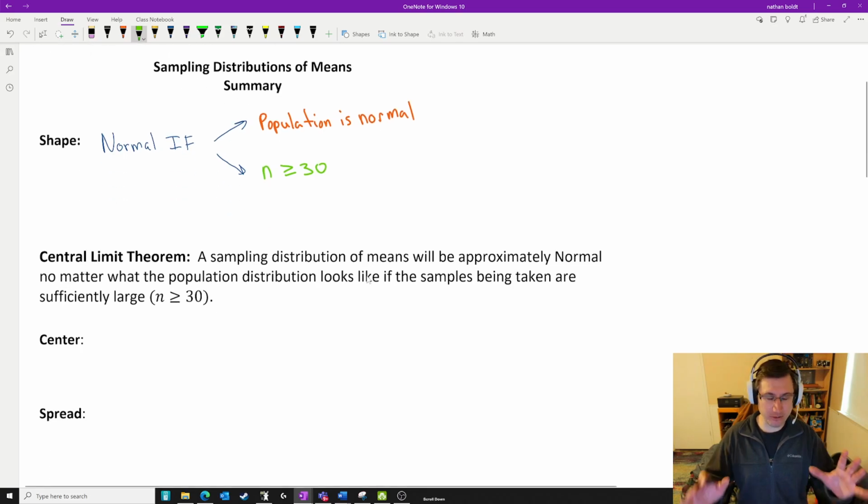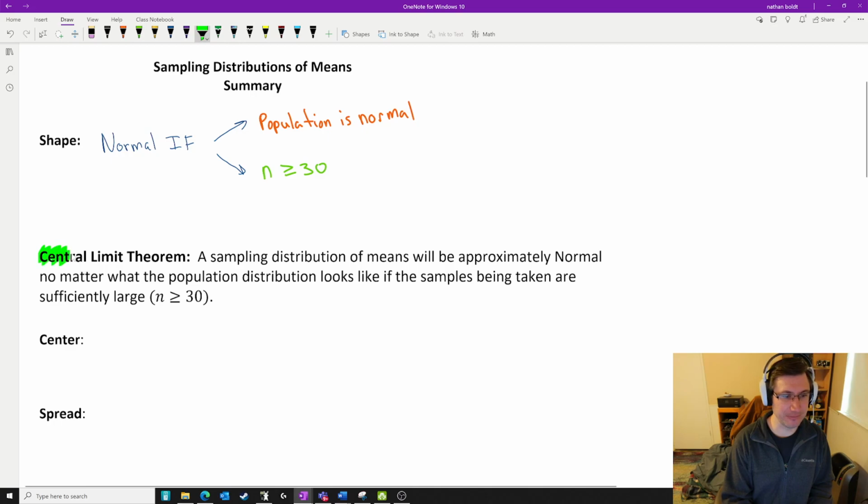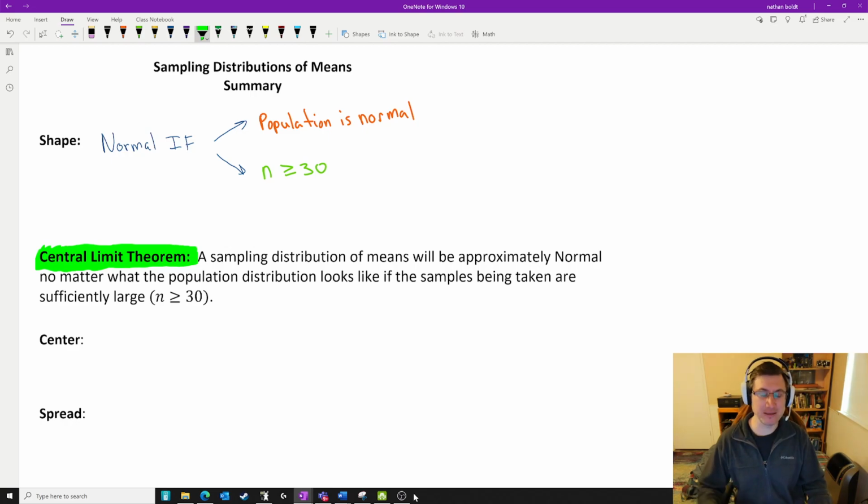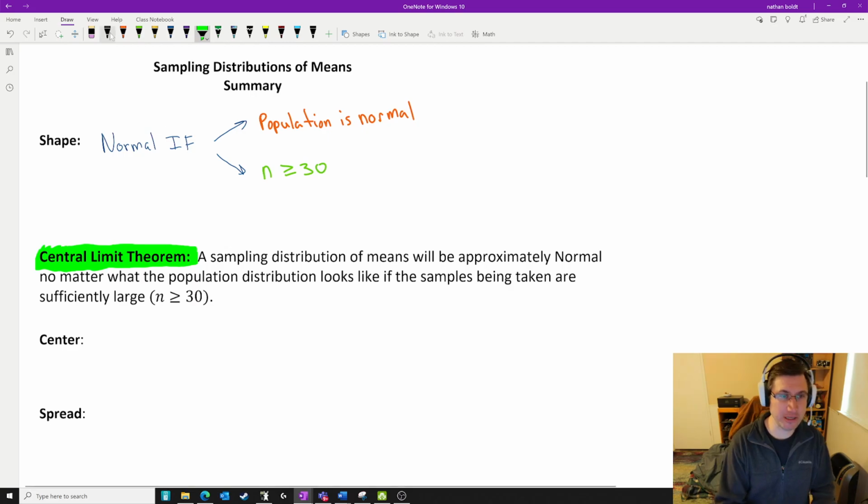And that's such a groundbreaking idea, it is called the central limit theorem. That is huge. The central limit theorem is that if you take sample sizes that are big enough, a sampling distribution of means will be normal. All right, so that's the shape. That's how you get the shape.